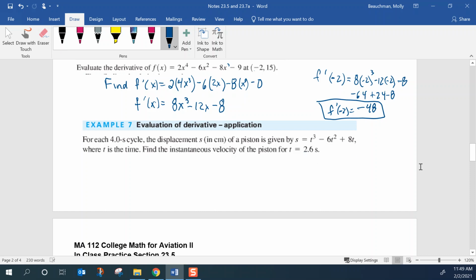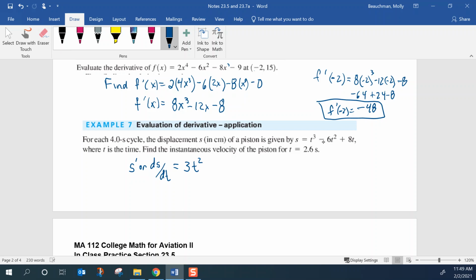So to figure out how fast the piston is moving at any point in time, we take the derivative. So we're going to take s prime, or ds/dt. Just depends on which notation you prefer. So the derivative of t to the third is 3t squared.